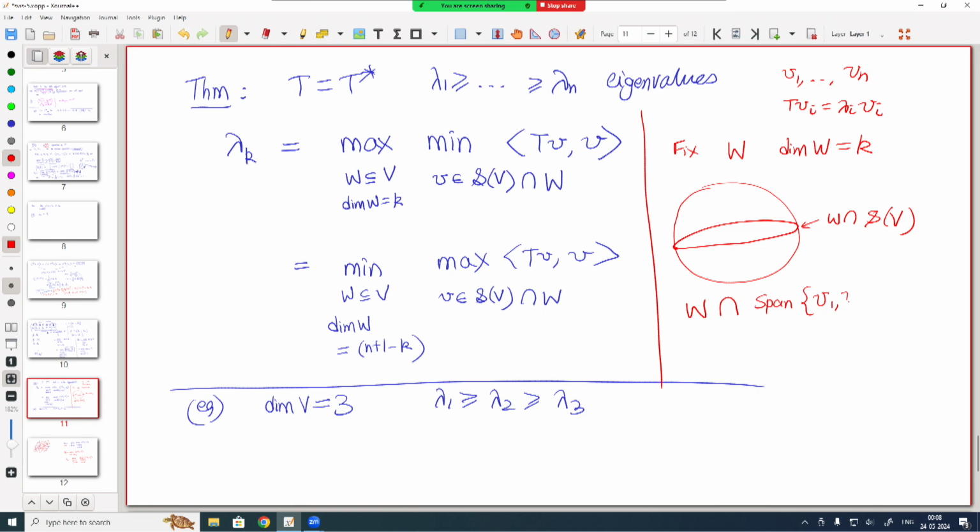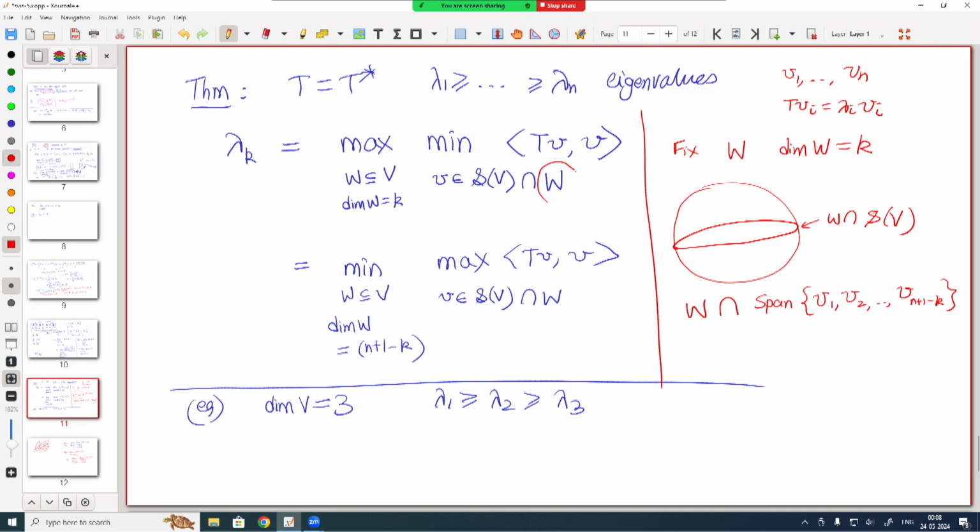So W, look at the first n plus 1 minus k vectors. It's slightly trickier than the earlier proof, but here's the idea. We have to somehow do this max min.